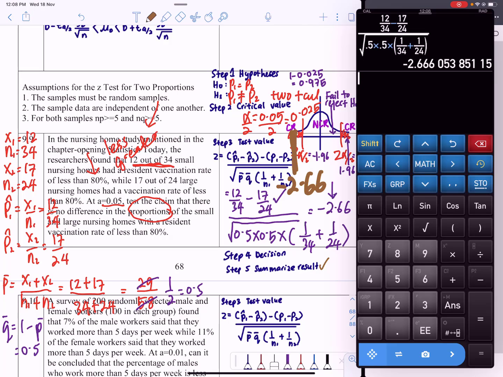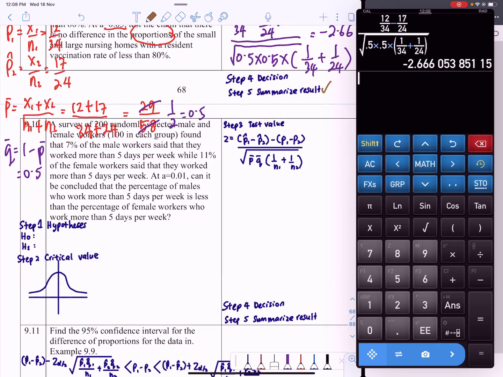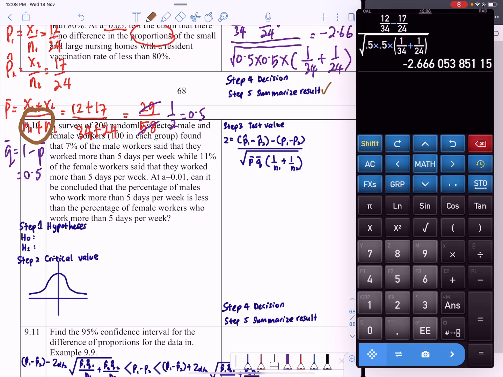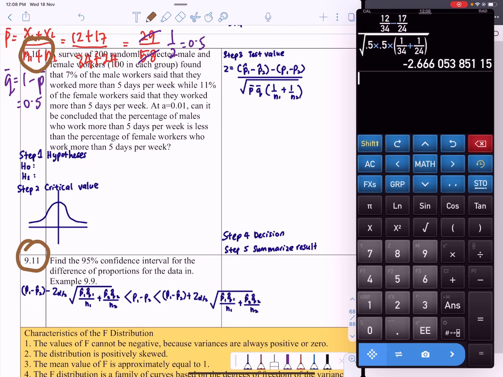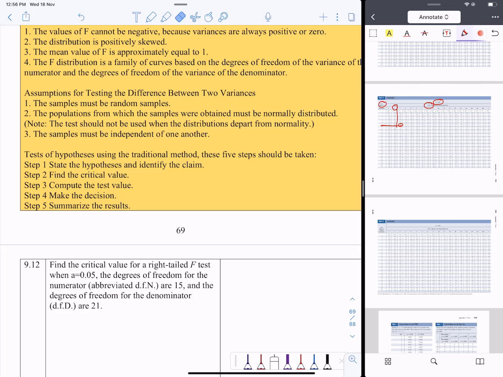That means the large nursing home and small nursing home are different. That's how you do the two proportion test. Hopefully you can do 9.10 and also 9.11, the confidence interval, by yourself. Just insert the values and you will get the answer, an interval from a smaller value to a larger value.